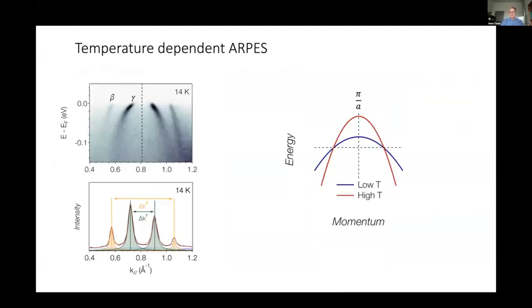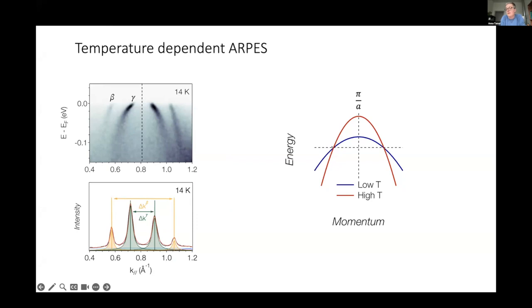The second thing is what happens to the dispersion. So we try to extract Z from the mass enhancement, and we look at how the dispersion of these bands changes with temperature. We can take a cut at constant energy, and then you would get these 4 peaks for the beta and the gamma band. And then the idea is sketched here on the right.